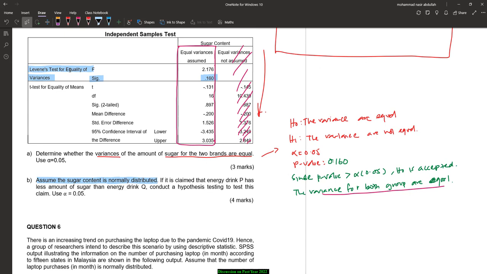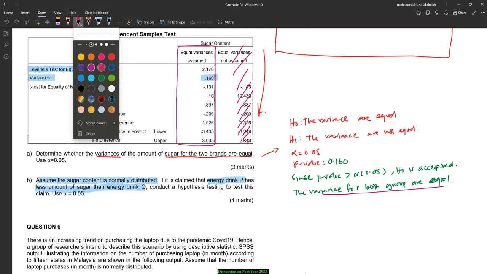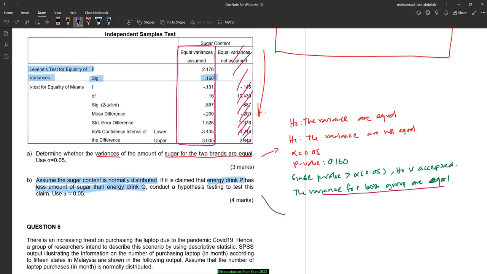If it is claimed that energy drink P has less sugar than drink Q, what is the hypothesis here?